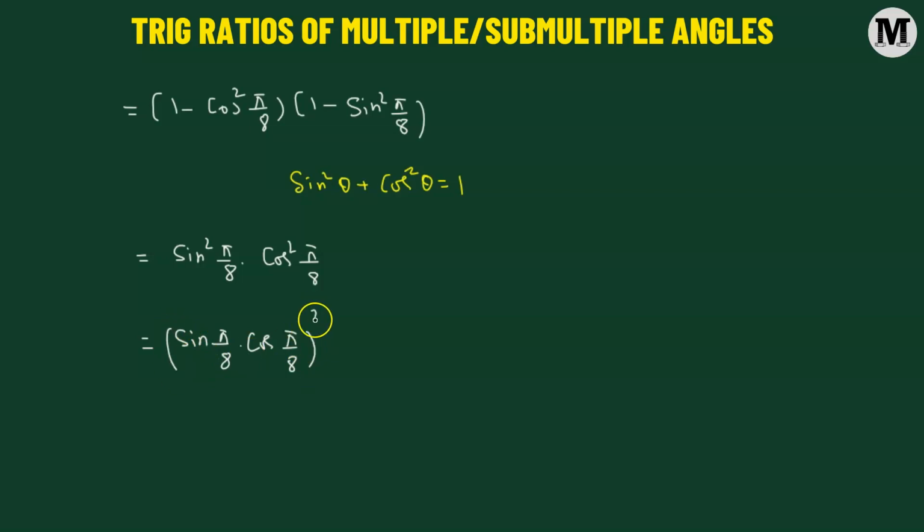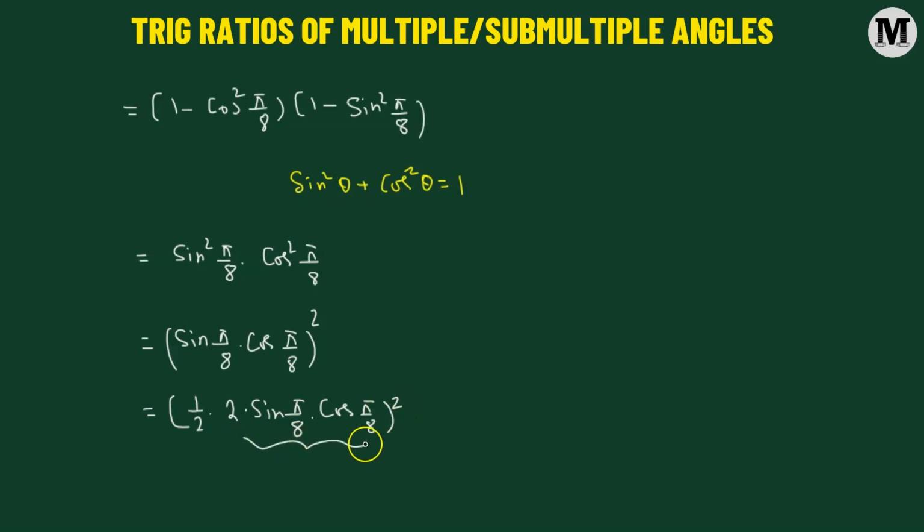So let's do one thing. Inside the parentheses, we're going to multiply and divide by 2, such that we get half times 2 times sine pi over 8 times cosine pi over 8, whole squared.